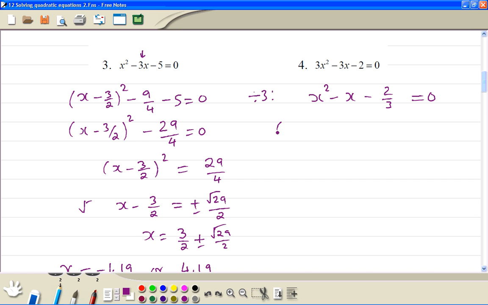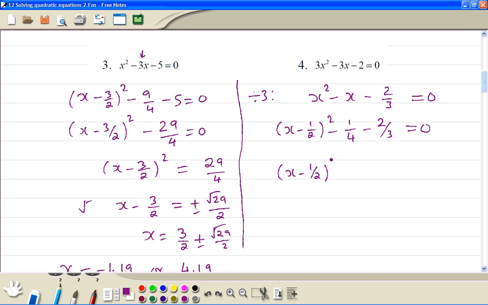Then we complete the square, so x minus half all squared, minus 1/4, minus 2/3 equal to 0. So simplify it. This gives minus 8 minus 3, minus 11 over 12.